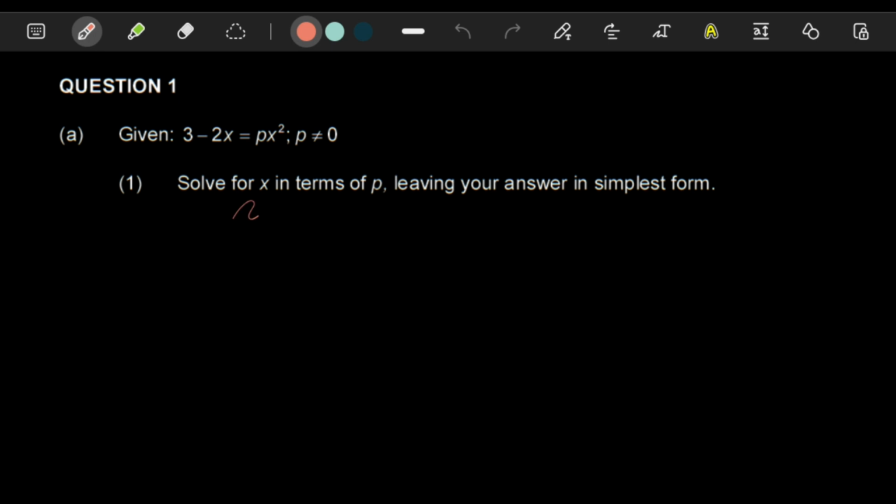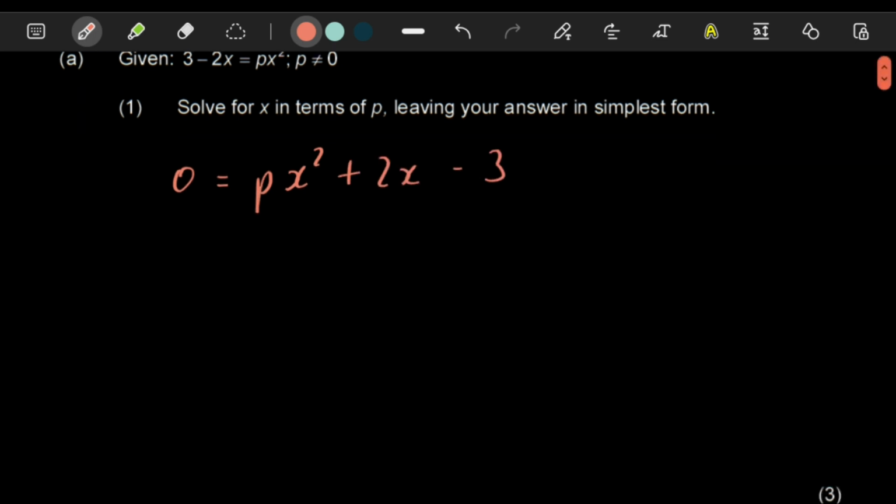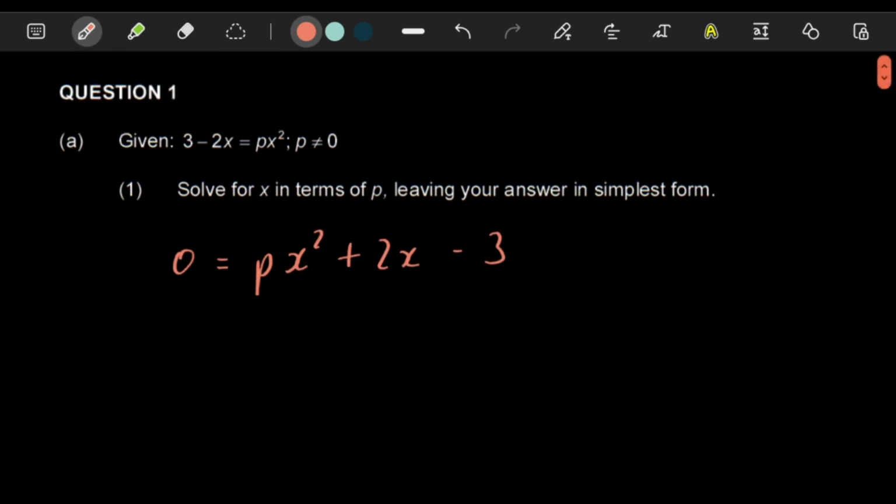Let's see, let's take everything to one side. This would be 0 equals px squared plus 2x minus 3, right? Now, obviously, if you're going to make x the subject... actually, no. Let us restart. If you're going to solve for x in terms of P, it means that you have to make x the subject of the formula.